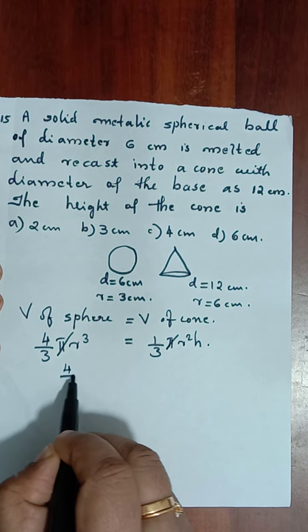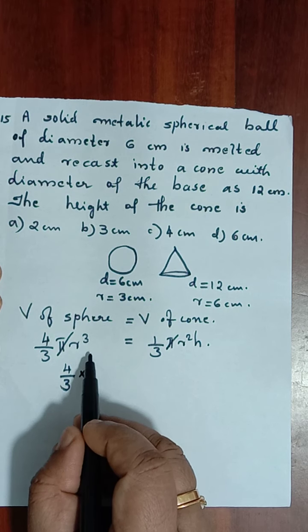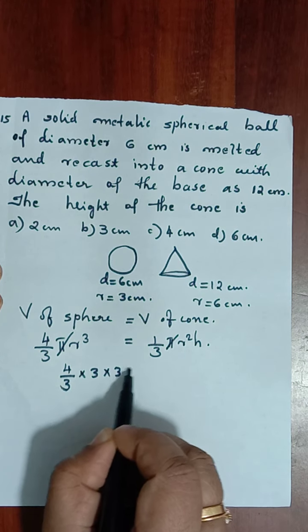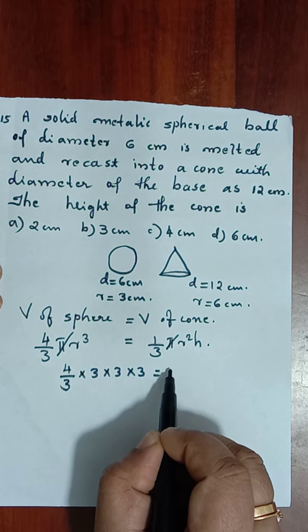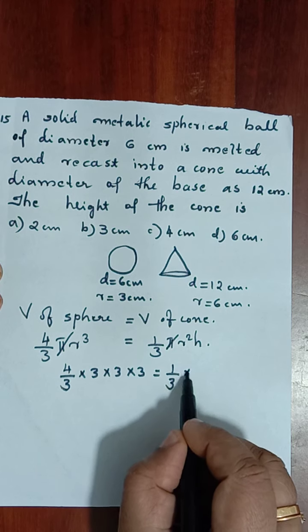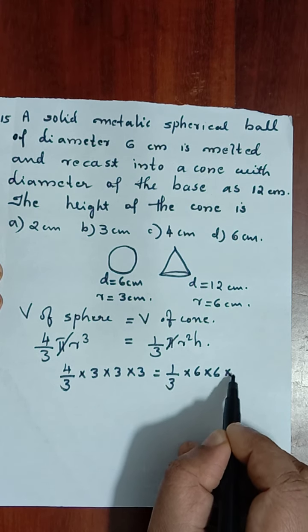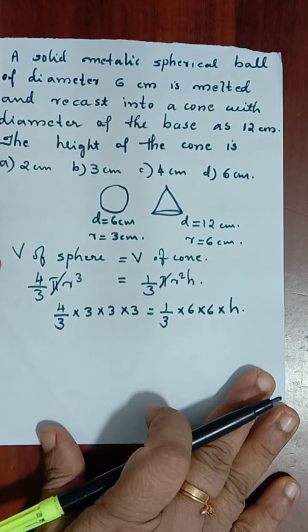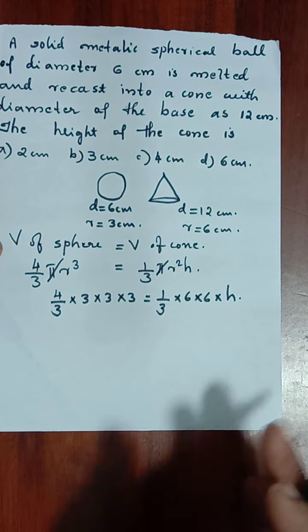Here we have 4 by 3 into r cube, the radius of the sphere, 3 into 3 into 3. That's equal to 1 by 3 r square h. R square is 6 into 6 into h, which we do not know. Let h be there. So again we can cancel it and make it simpler.